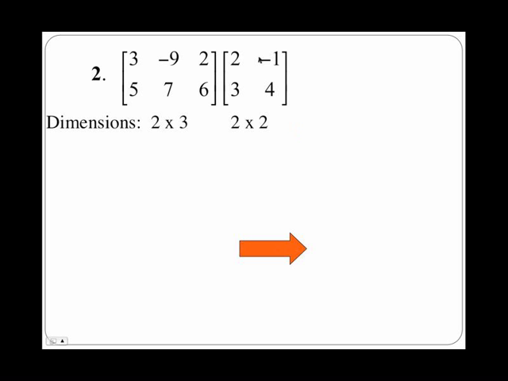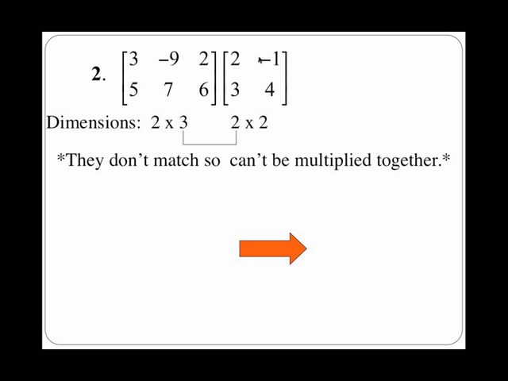Right away, you should see that the number of columns and the number of rows don't match up, which means we cannot multiply these things together. So there is no solution for this. And we talked about it at the beginning. Sometimes there is going to be no solution for multiplying matrices together. All right, the number of columns of the first has to equal the number of rows of the second.